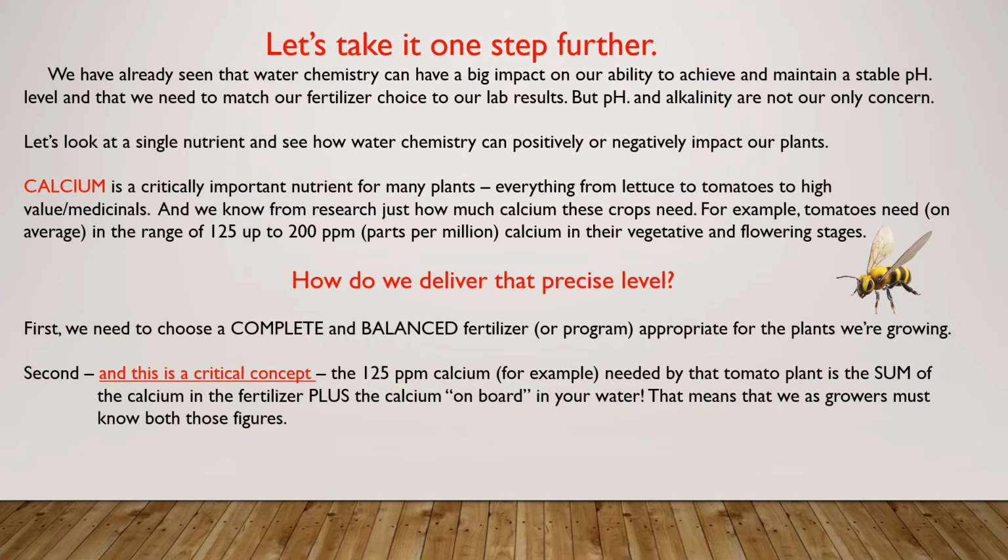So we have to understand that the calcium that we know from scientific data, or any other nutrient that is needed by the plant at that life stage, is an addition of what's present in the water that we're going to be using and that's going to be added by the fertilizer that we choose. So let's take a look at a couple of examples of this.